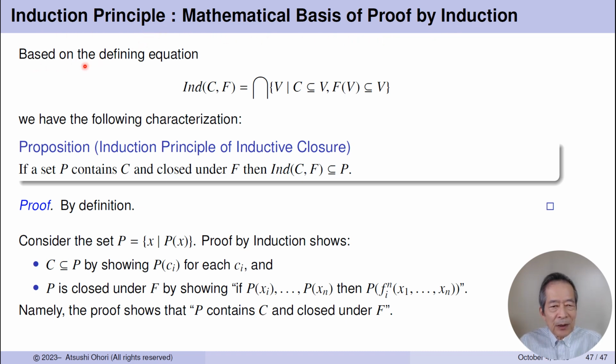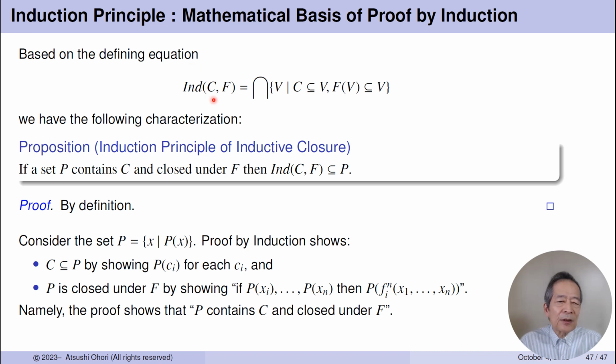For this purpose, we consider the defining equation of the inductive closure, which we have seen a number of times. The inductive closure is the smallest set, the intersection of the set of all sets containing C and closed under F.